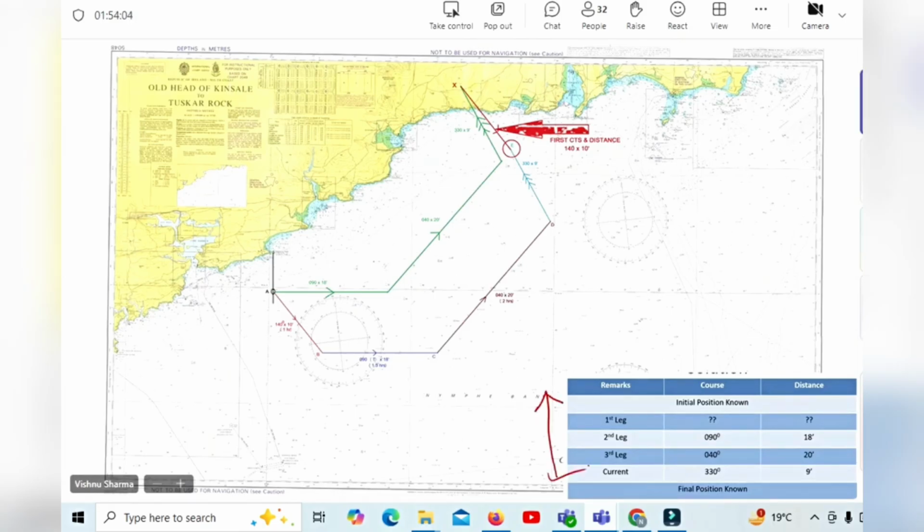Because the first leg is missing, he wants to plot the reverse current from E and put the arrow like this, because arrows cannot be reversed. Then he wants to plot here the third leg and put the arrow like this. Then he wants to put the second leg, put the arrow like this, and he comes to point B. And now he's saying, I'll join A, B, and I'll get the missing leg here. This is what he's saying.